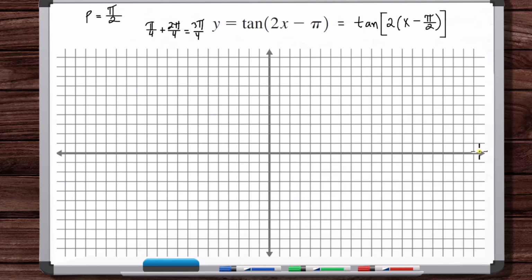So let's do, okay, we'll go to pi. All right, 1, 2, 3, 4, 5. So this is minus pi over 2, minus 3 pi over 4, minus pi over 4.